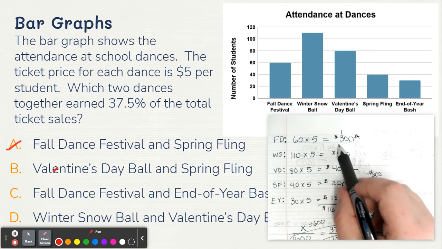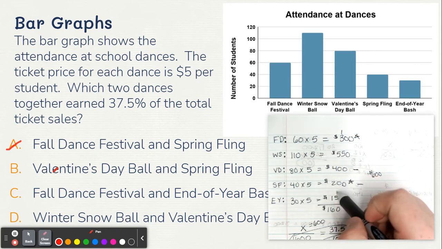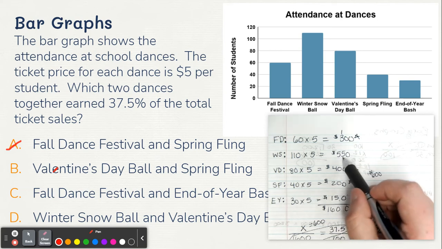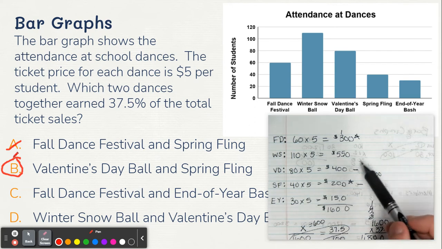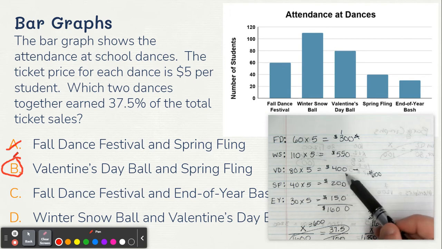Fall dance and end of year, 300 plus 150, that's 450. And the winter snowball, 550, and Valentine's, 550 plus 400 was way more than 600. So that ends up being my B, because Valentine's Day plus the spring fling equals 600, because 400 plus 200 is 600.